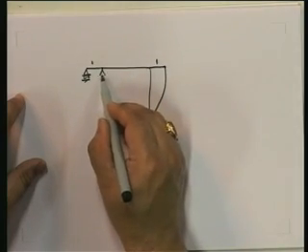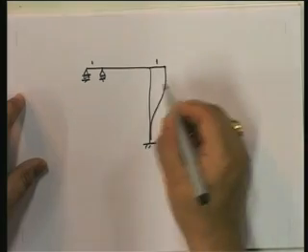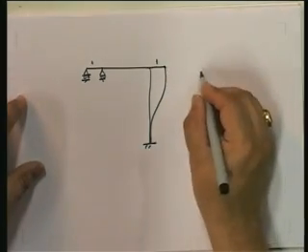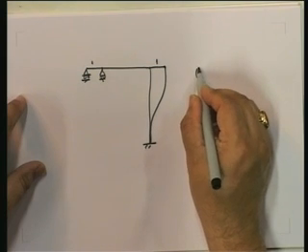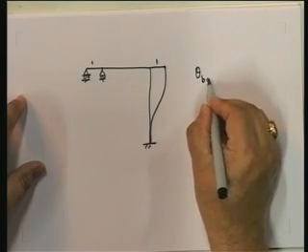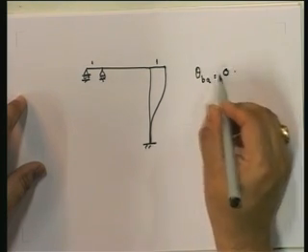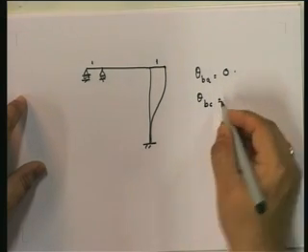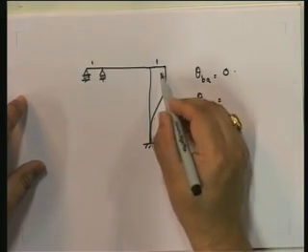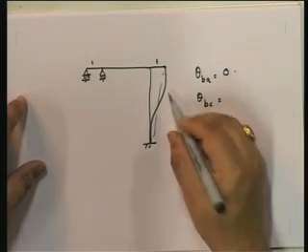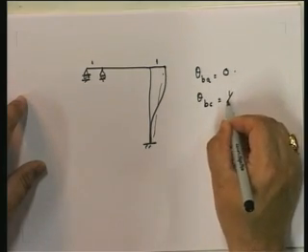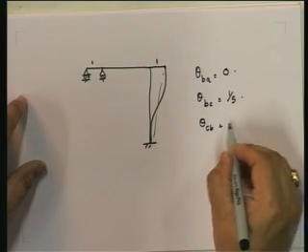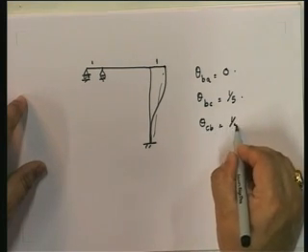Simple displacement pattern that you have. If you look at it, theta BA is equal to 0. Theta BC is equal to 1 upon 5, positive 1 upon 5. Theta CB positive 1 upon 5.